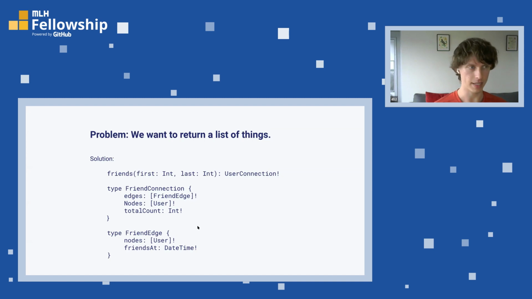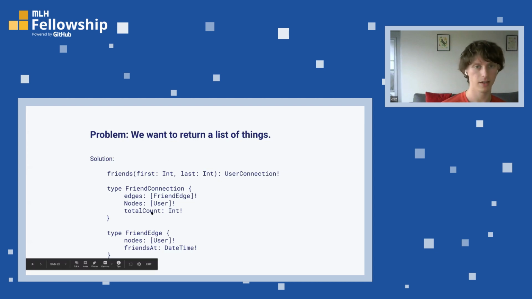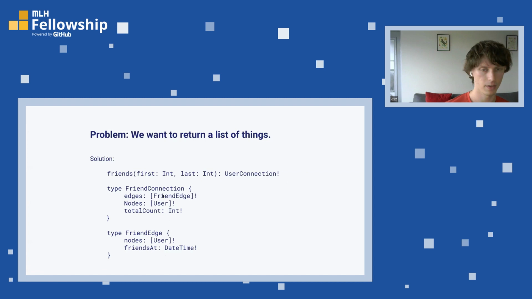So I'll go over this. We have the field friends that returns the connection object. And the purpose of this object is to store information about the entire collection of things, really. So for example, total count. That's information that pertains to my entire collection. It doesn't pertain to one friendship, really.